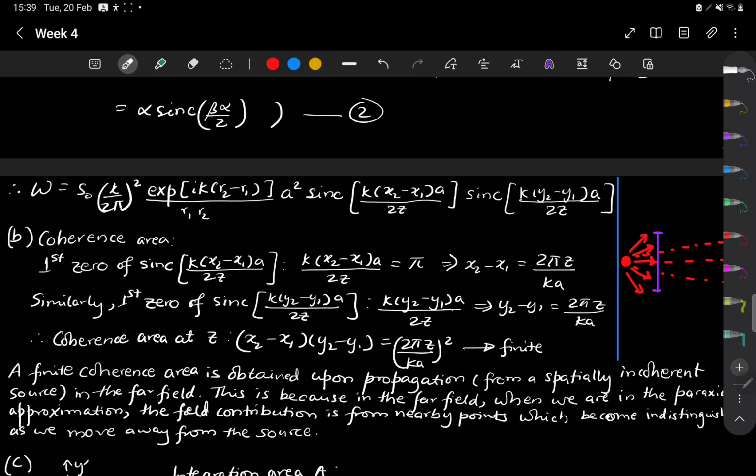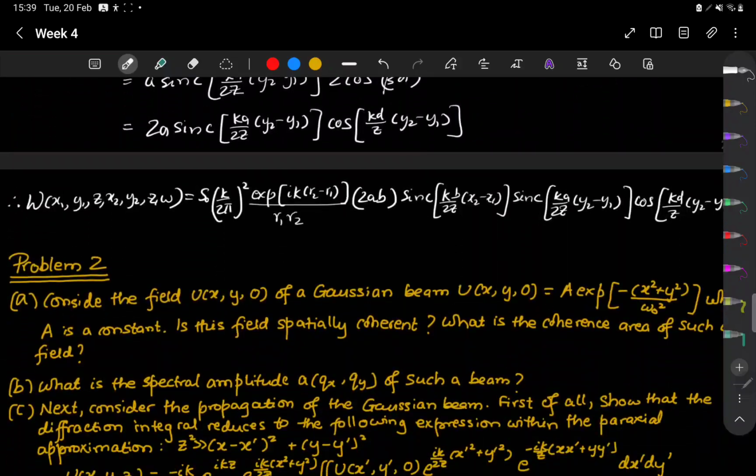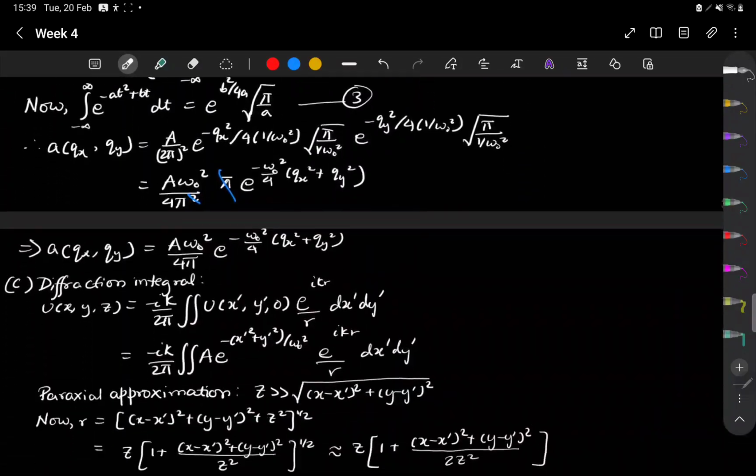So when we propagate, the coherence area increases, or the coherence increases. So if we have perfectly coherent to start with, it will remain perfectly coherent even after propagation.